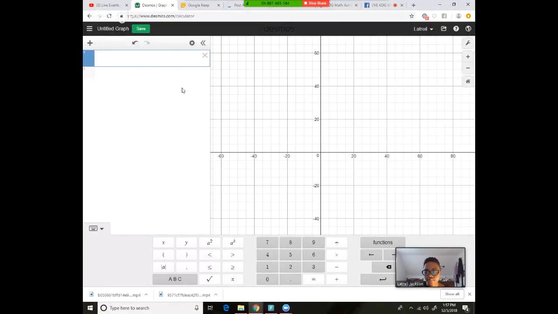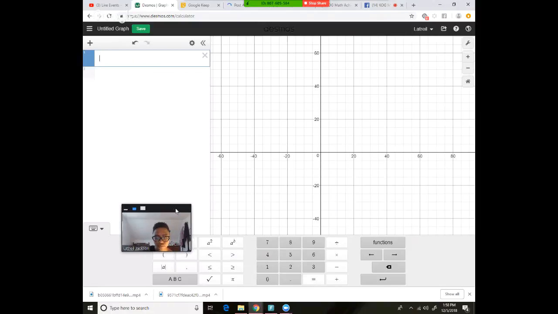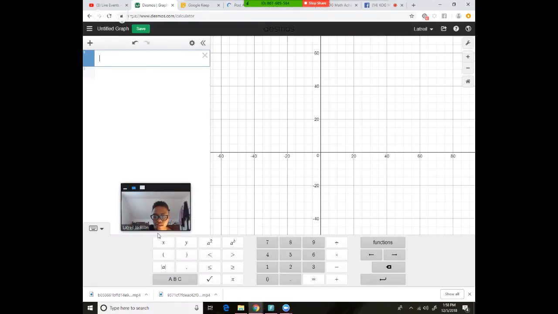It has a bunch of functions down here for you to type stuff in. I'm going to show you how to type it in. So all you need to do is press x for our equation. Our equation is x squared.